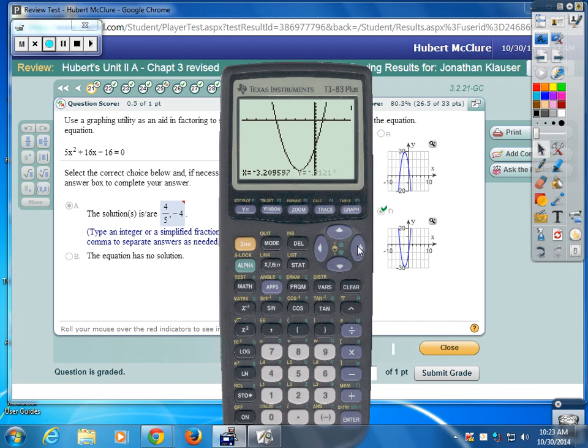Then move over to the right hand side, hit second trace, 0. Go over and put the left bound below the x-axis, right about there, and the right bound above the x-axis, and then the center, and there is your other x-intercept.